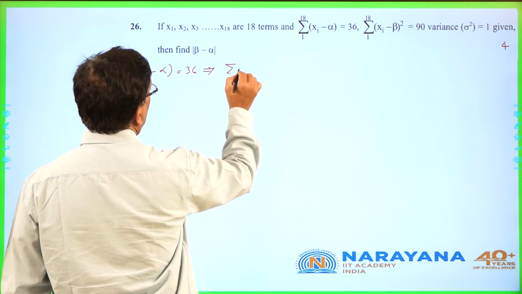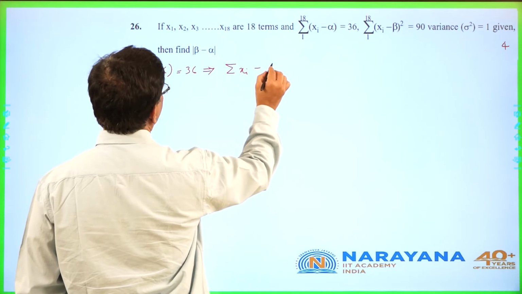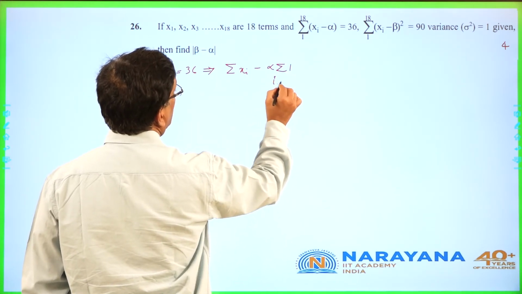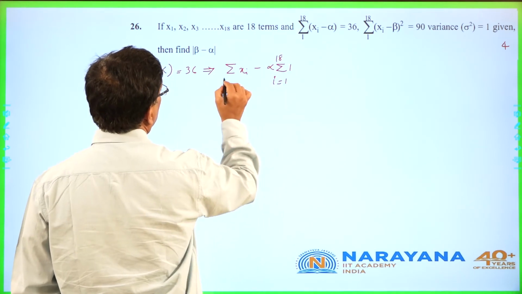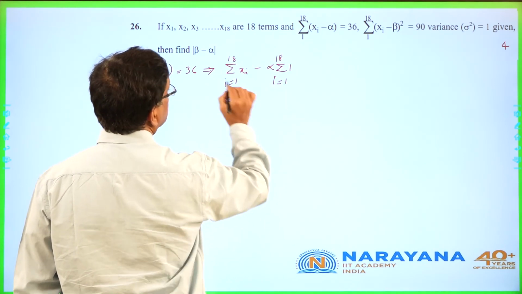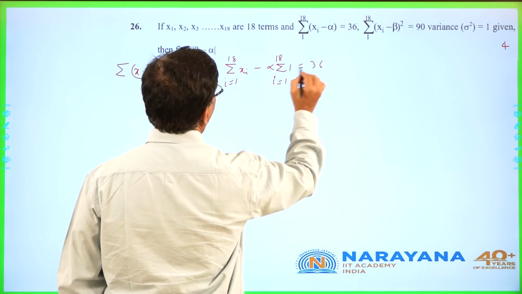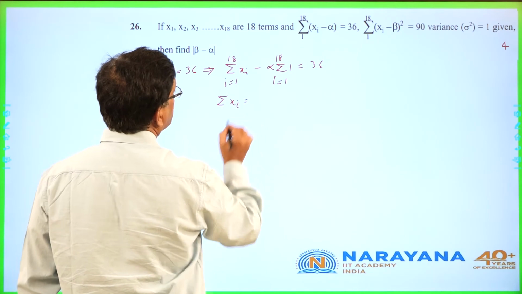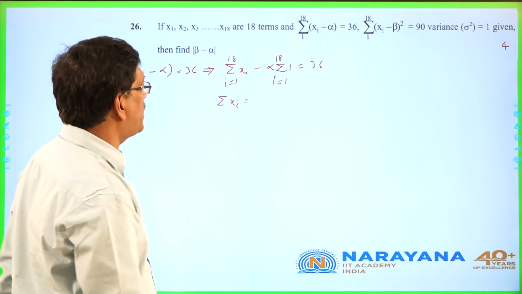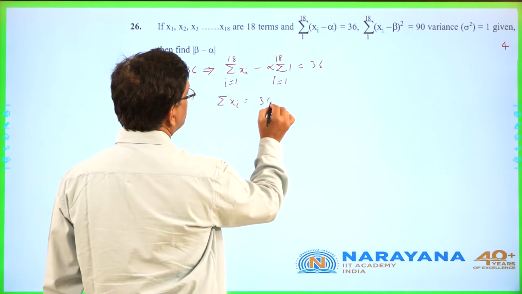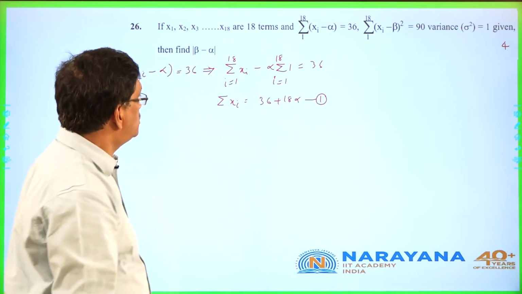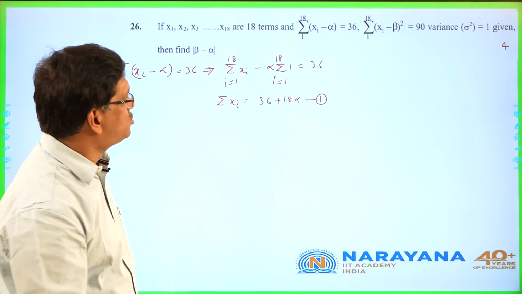So sigma xi minus alpha into sigma 1, where i equal to 1 to 18, is equal to 36. This is 18, right? Sigma xi is, because 18 times you are adding, 36 plus 18 alpha. Keep it like that. This is one data we have got from the first one.